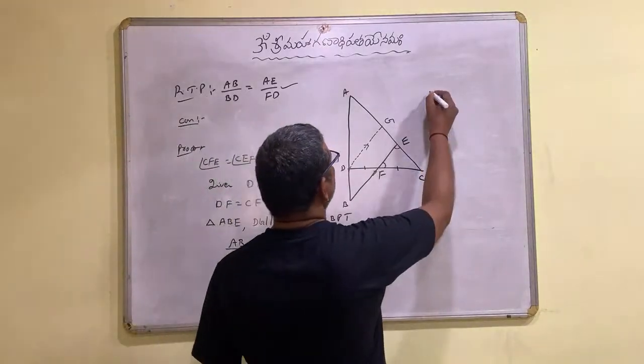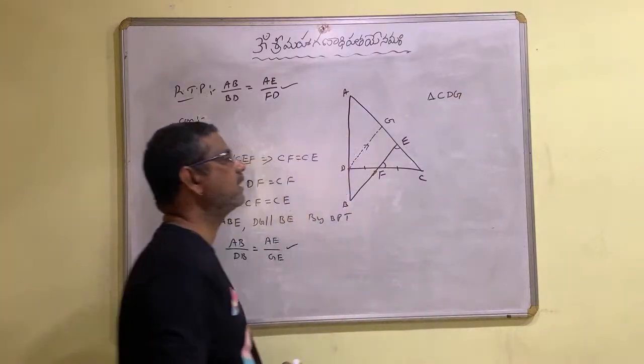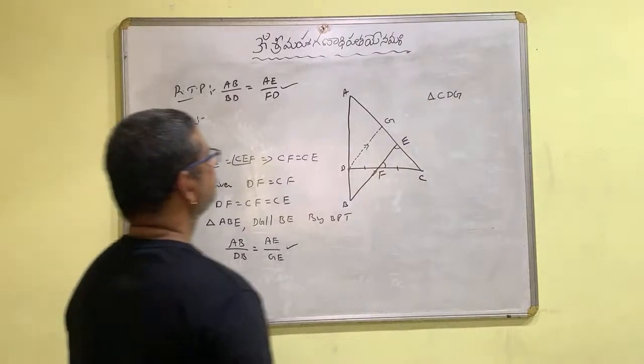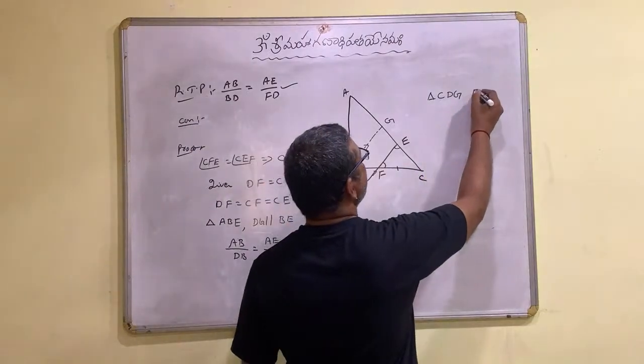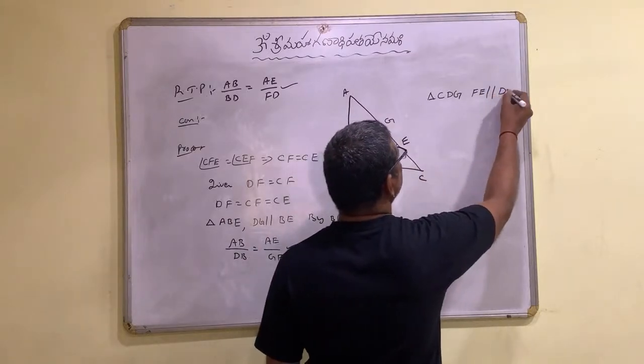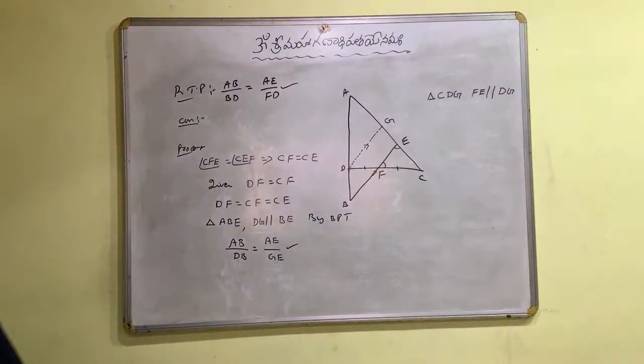I take triangle CDG. In that, FE is parallel to DG. Is that right?